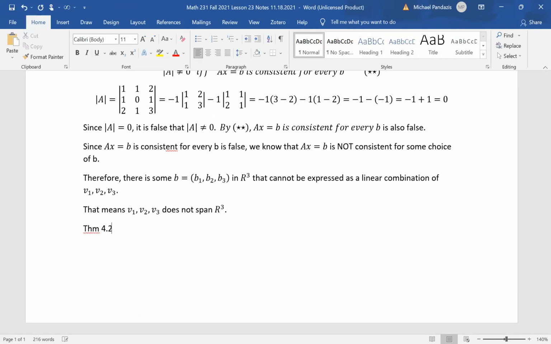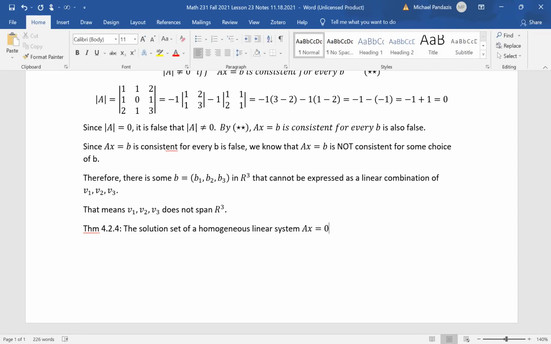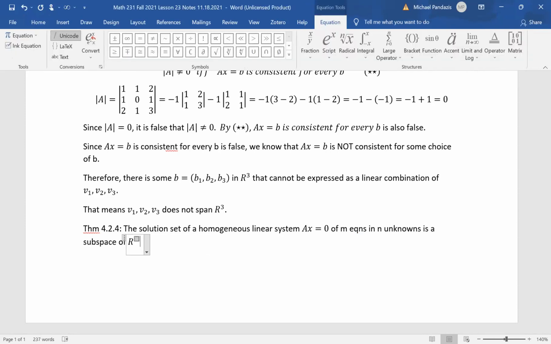Next is theorem 4.2.4, which says that the solution set of a homogeneous linear system, Ax = 0, of m equations in n unknowns is a subspace of Rn.